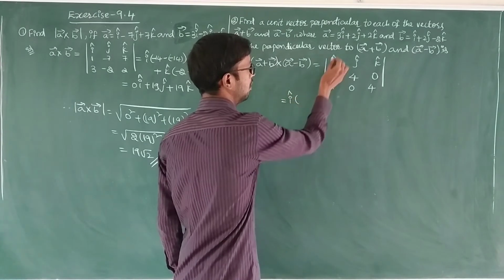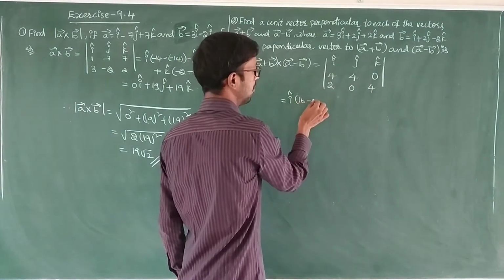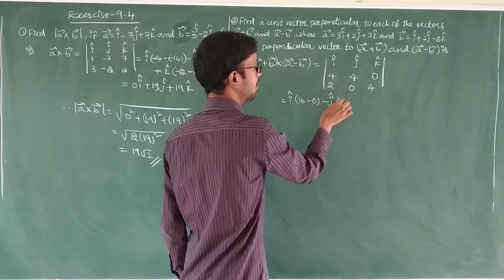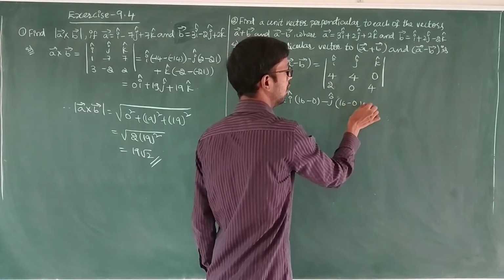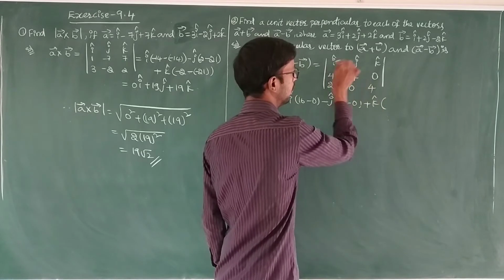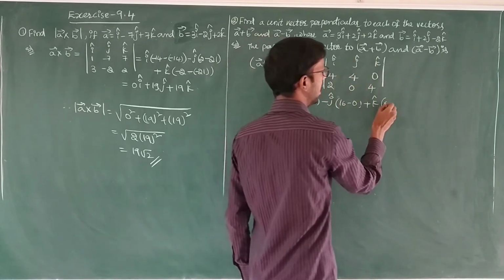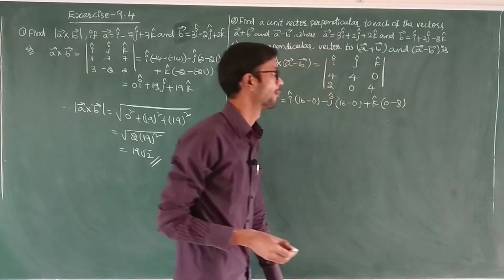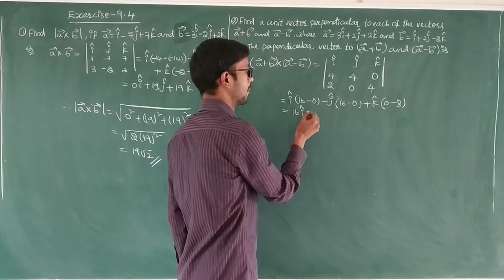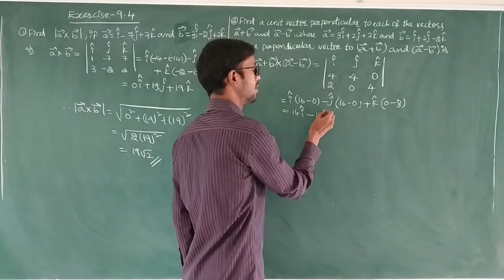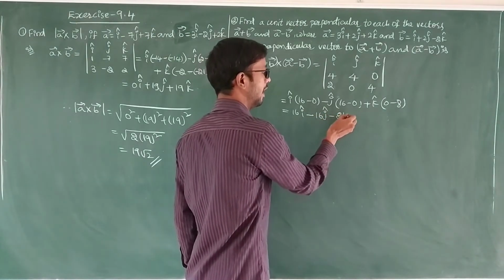I cap into 16 minus 0, minus J cap into 16 minus 0, plus K cap into 0 minus 8. That gives 16 I cap minus 16 J cap minus 8 K cap.